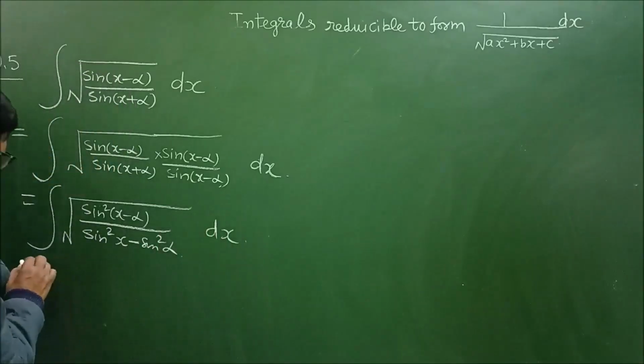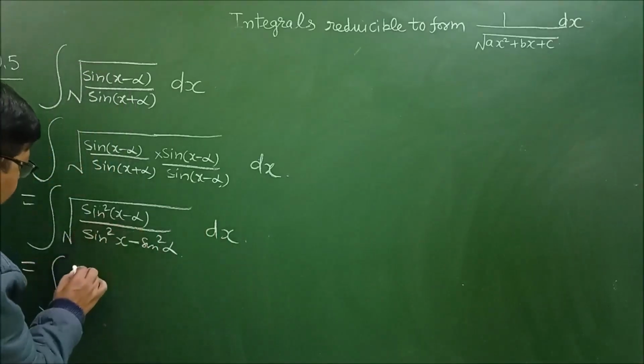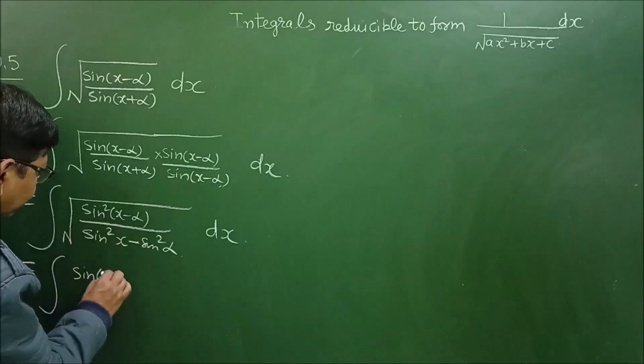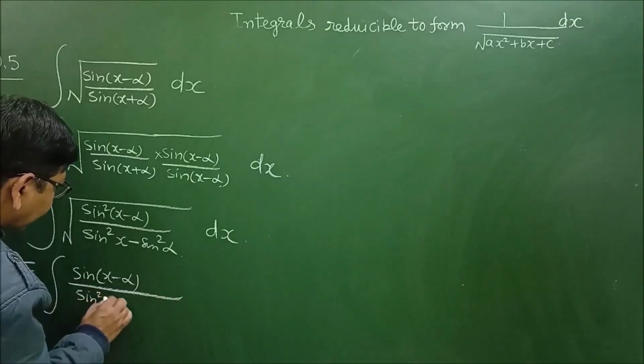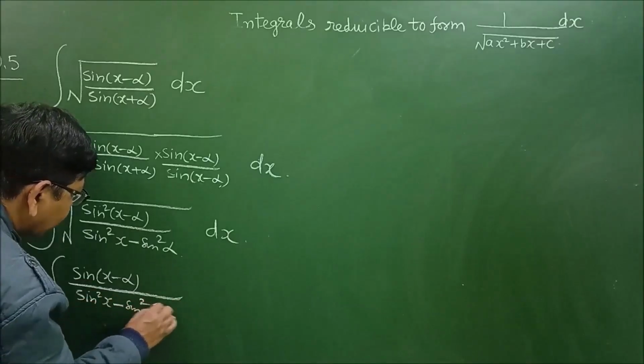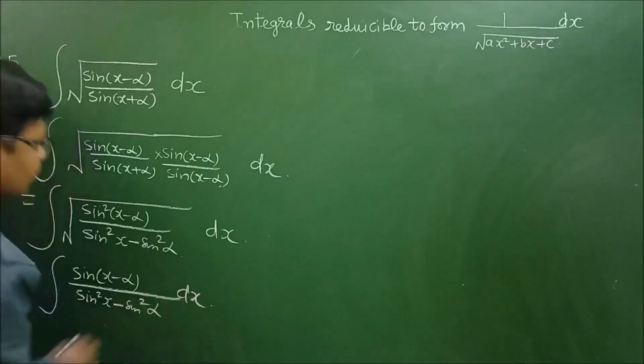So this is equal to integral of, because of the square root, the square sign will be removed here, sin x minus alpha upon under root of sin square x minus sin square alpha dx.